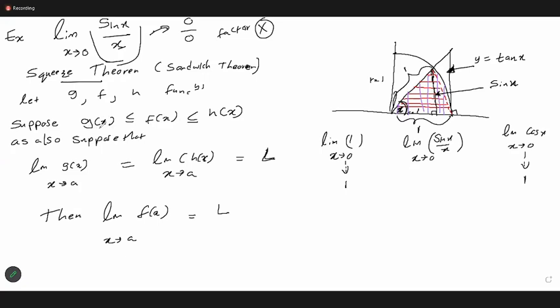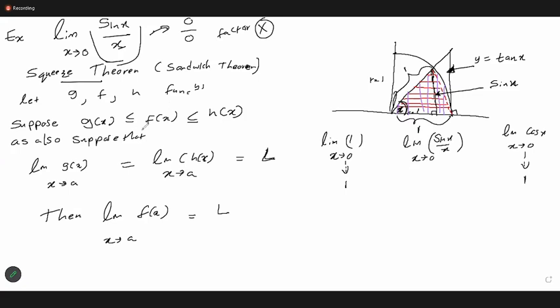If even the smaller one and the greater one come to one value of the limit at that point when x approaches a, then and only then can we write that the limit of our main function converges to L. So this one is called the squeeze theorem.